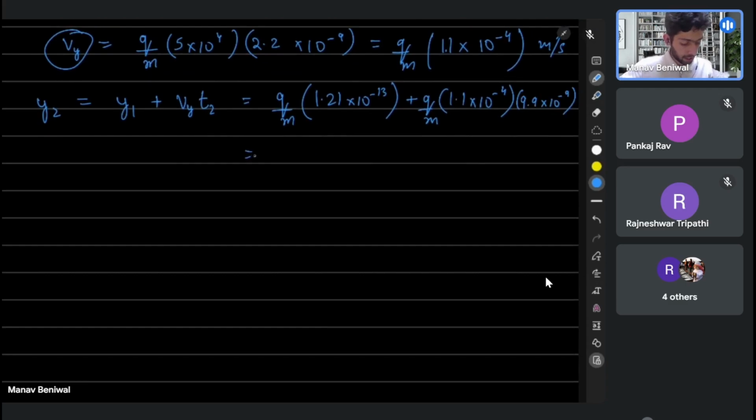We can take q by m outside. Then we will get 1.21 into 10 to the power minus 13, and 9.9 multiplied by 1.1 will basically give us 10.89 into 10 to the power minus 13.